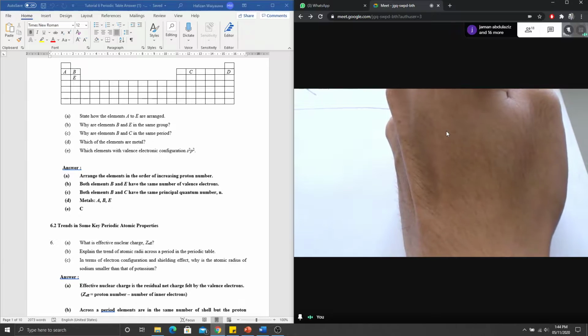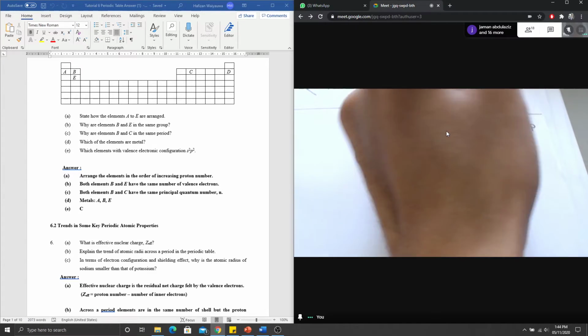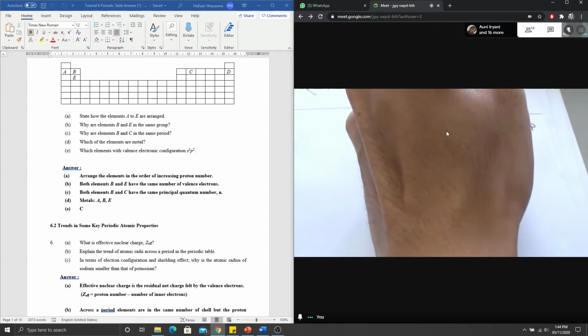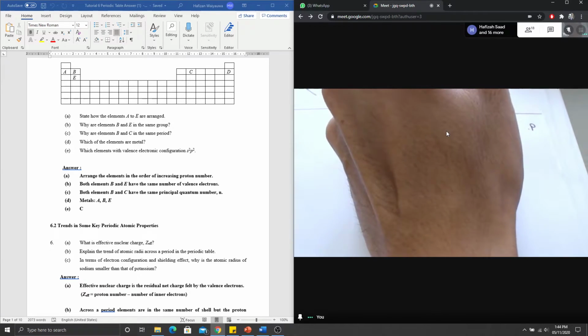So, soalan dia nak arrange this element in ascending order. So, ascending order makin naik ke makin turun? Makin naik. Yes, ascending order makin menaik kan. And then ascending order of atomic radius, first ionization energy. So now atomic radius and ionization energy. So what's the first step here? Macam mana you nak tahu atomic radius?